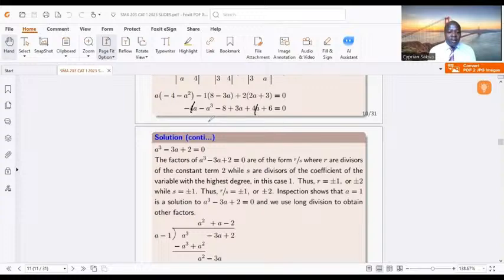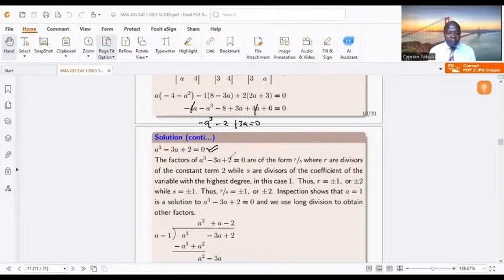Negative a cubed has no other like term. So negative a cubed. And then this negative 8 and positive 6 would be negative 2, and this would be 3a equals 0. Of course, I can multiply the entire equation by negative 1 to get what I have here.